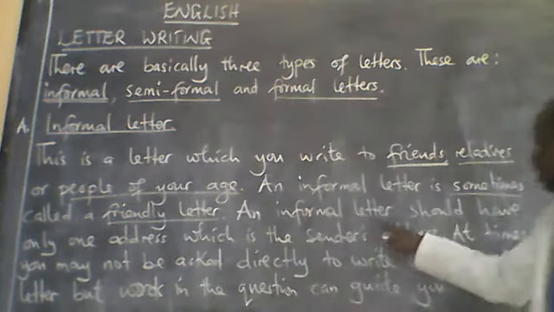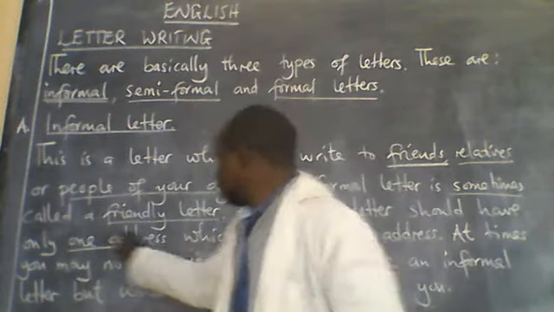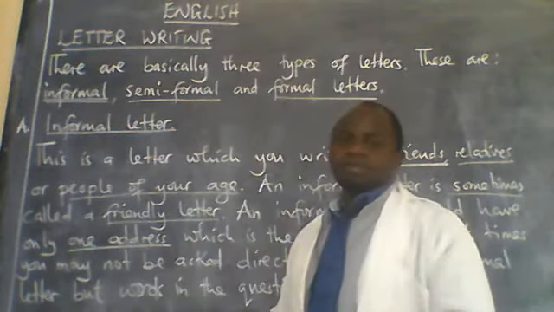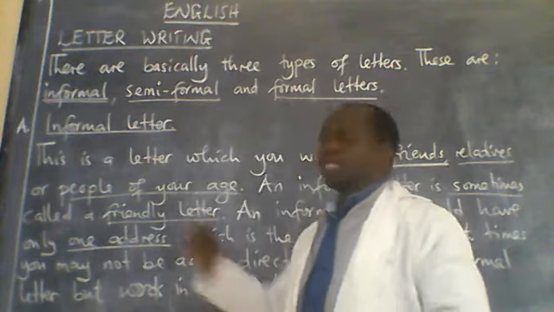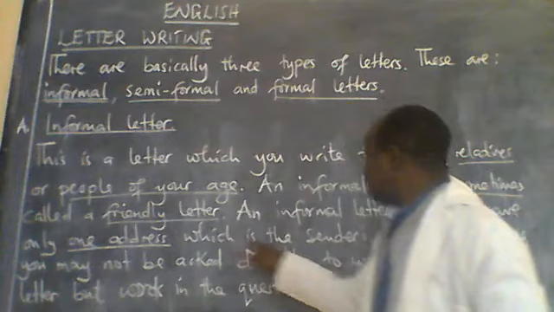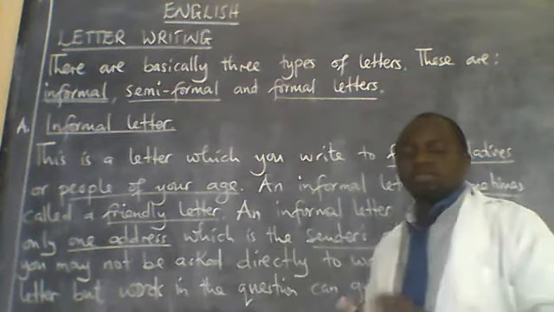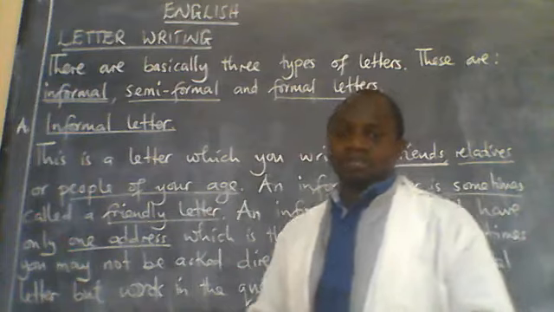An informal letter should have only one address. Only one address. I'll be able to show you where the address is supposed to be, which is the sender's address. That address should be the sender's address.